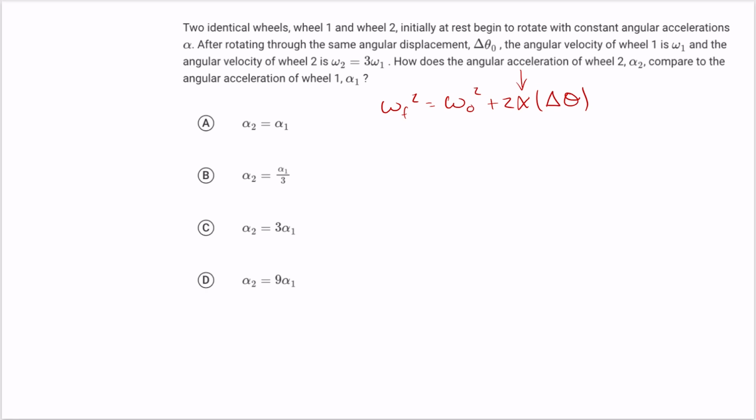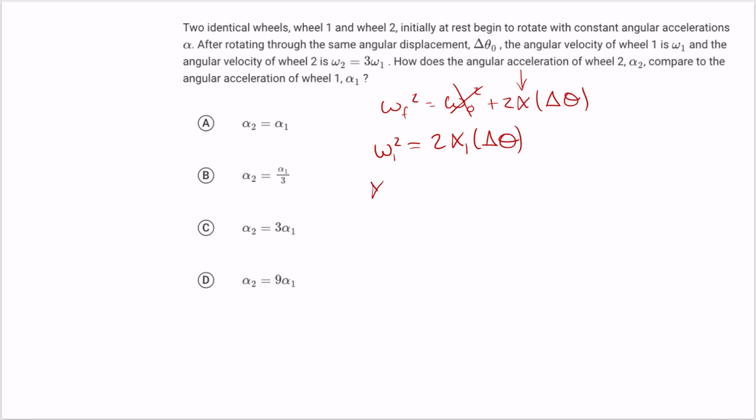So we have an initial velocity of 0, and our final velocity is just omega 1. Then omega 1 squared is equal to 2 times angular acceleration 1 times delta theta. I'm going to solve for angular acceleration 1 by dividing both sides by 2 delta theta.